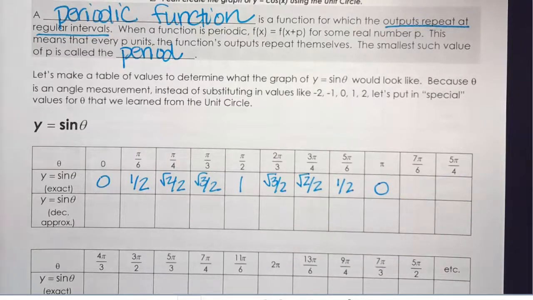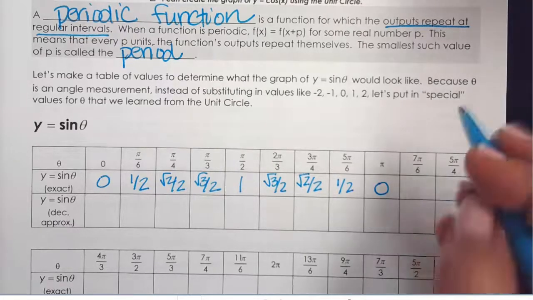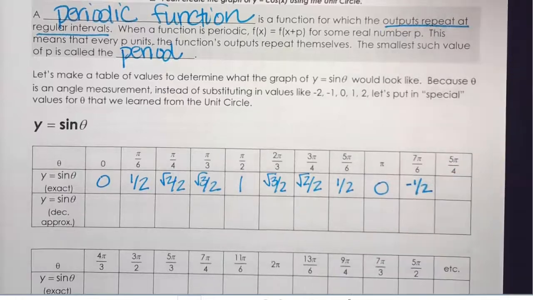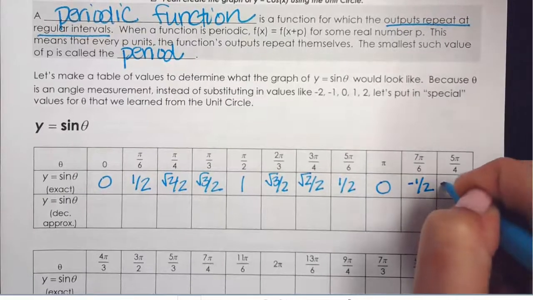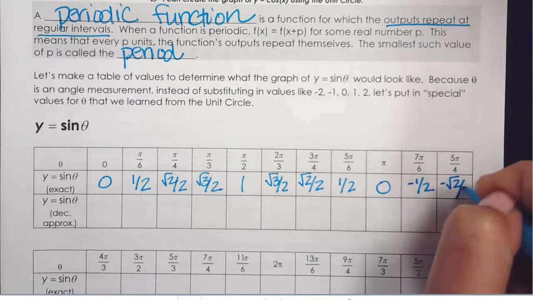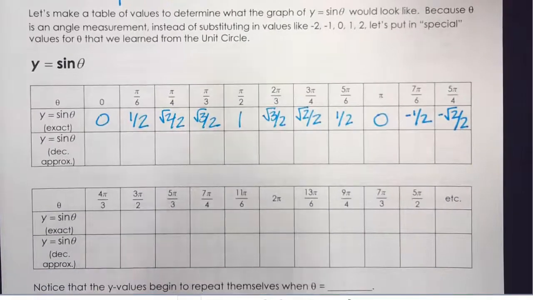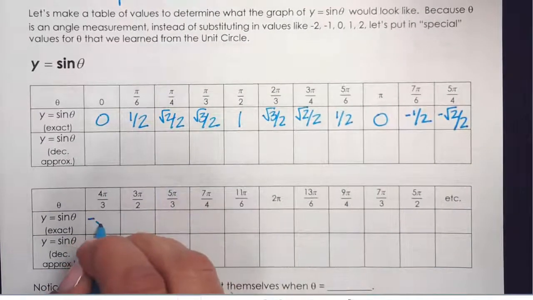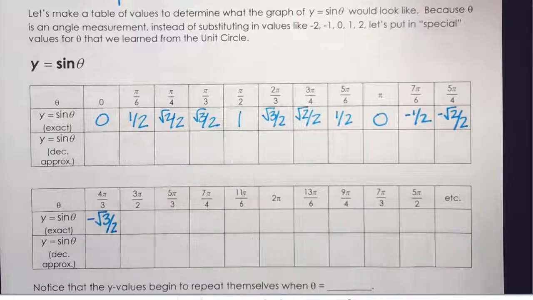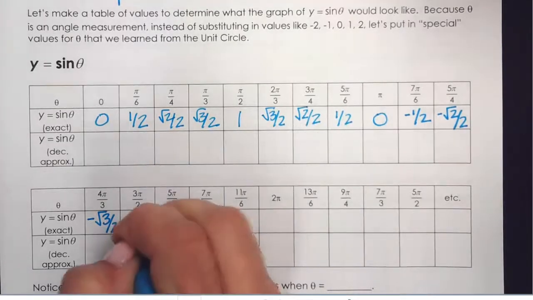Now what happens when we start 7 pi over 6? -1/2. And then negative root 2 over 2. And then negative root 3 over 2. And then when it's down here, -1.